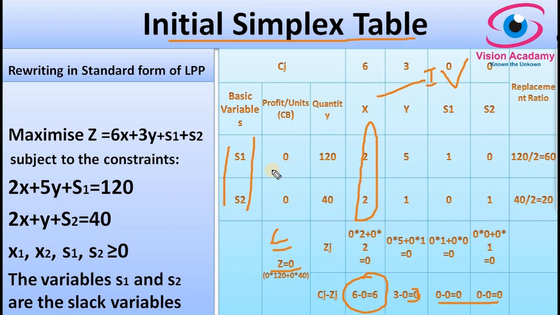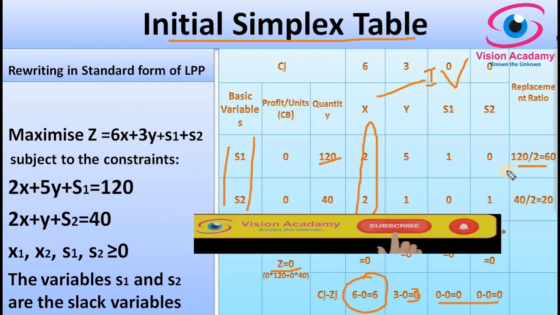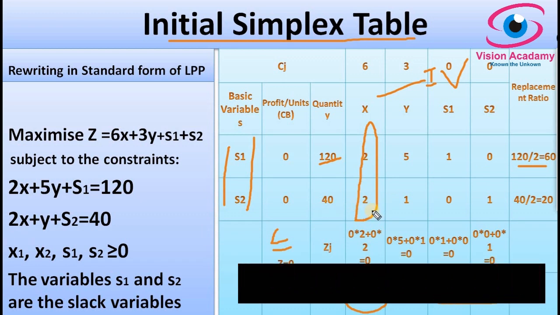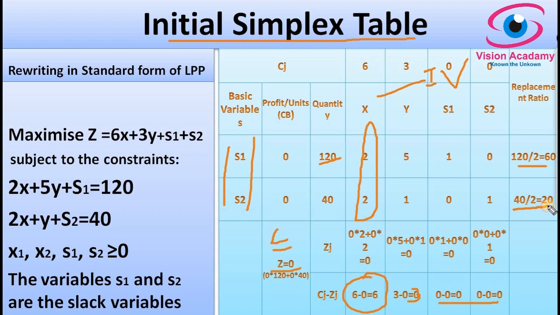To calculate the outgoing variable, you have to calculate the replacement ratio. The replacement ratio is calculated by dividing the quantity by the most positive value column. That means 120 by 2, it is 60, and in the second row 40 by 2, it is 20. So we also found the replacement ratio.